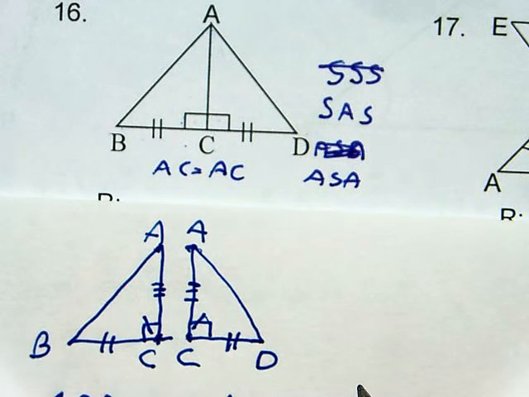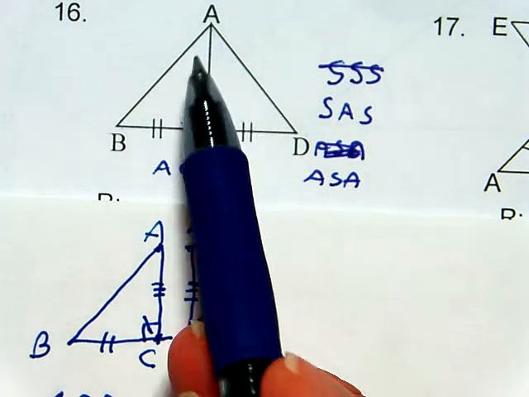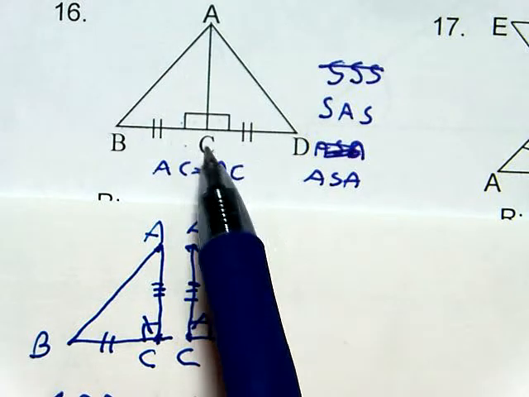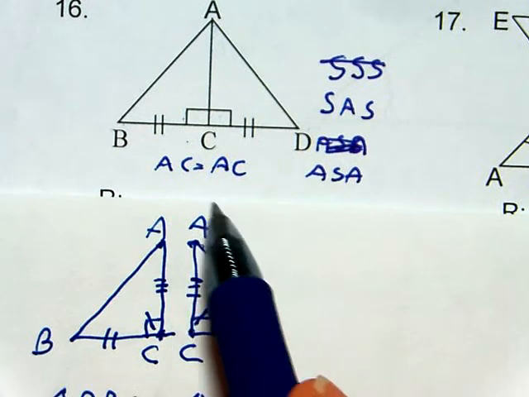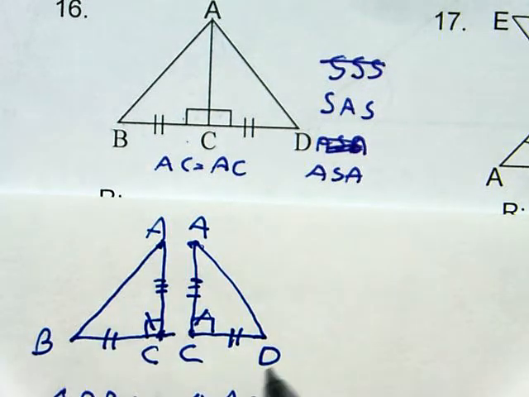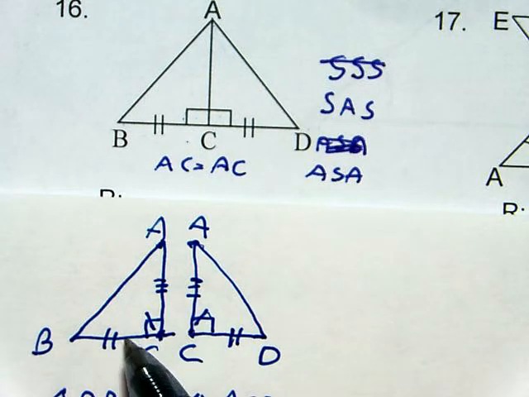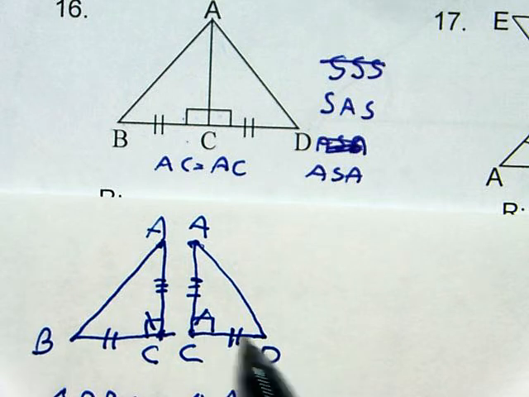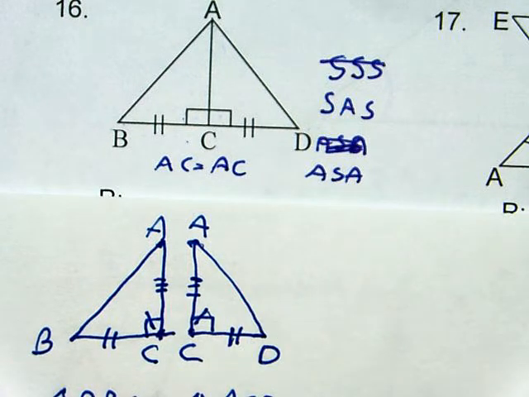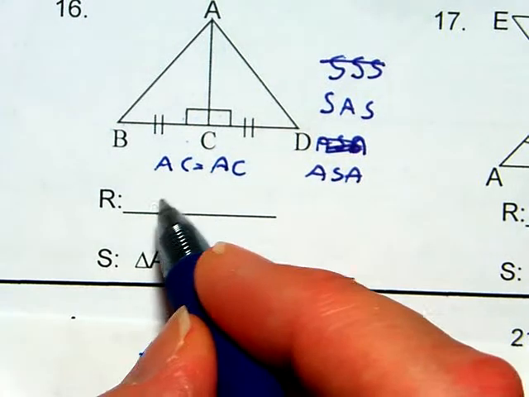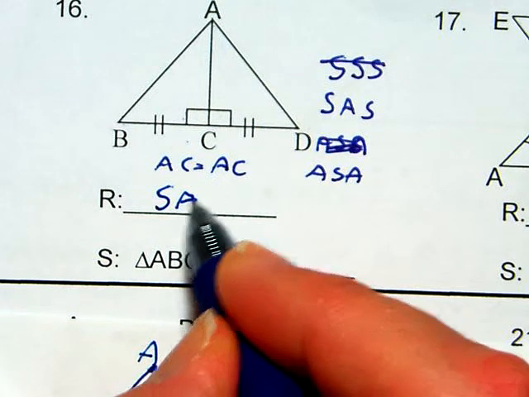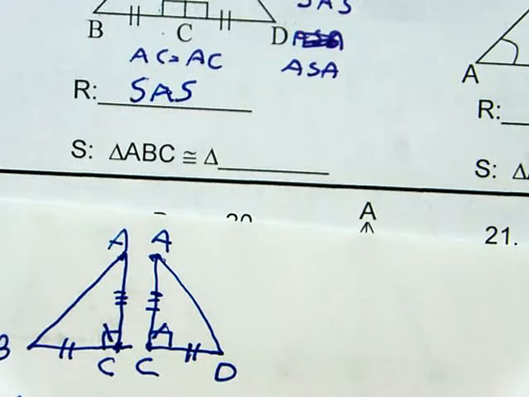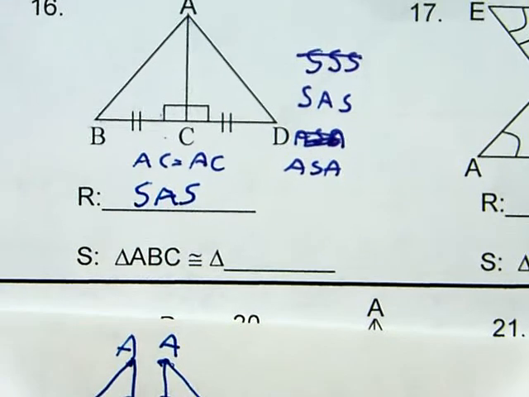So a side is congruent to itself. And therefore, although in reality they're sharing the same sides, we could visualize it as if we could separate these two triangles, and we would have side, angle, side, and side, angle, side. So let's carefully conclude that our reason is side, angle, side.